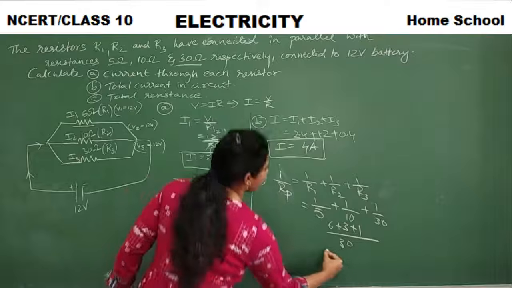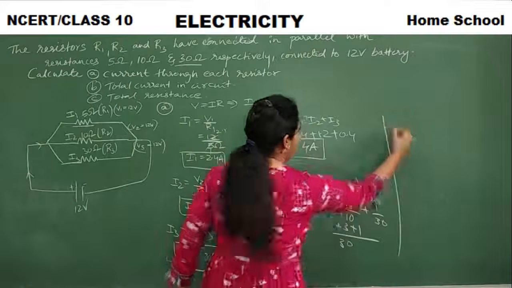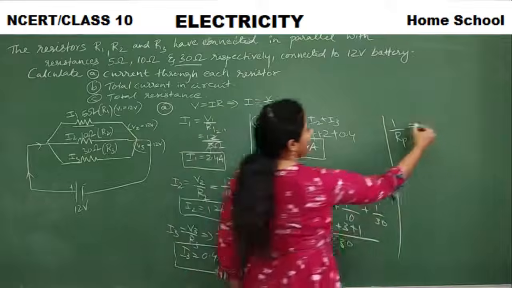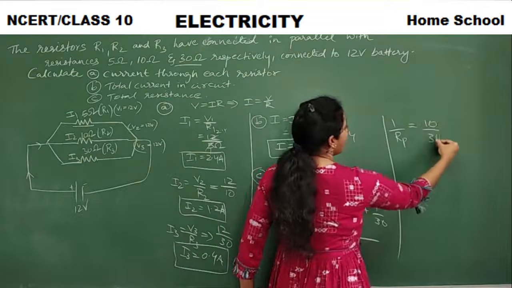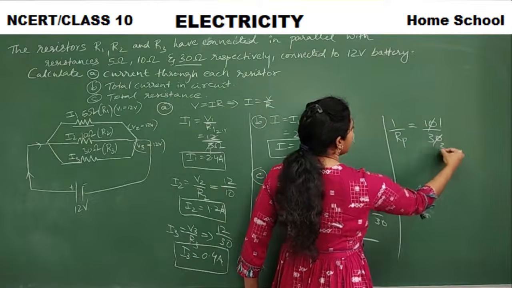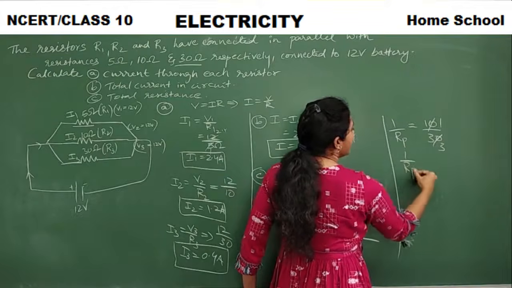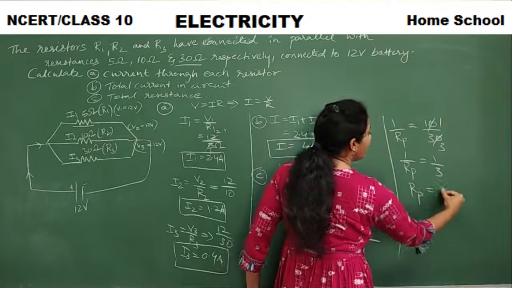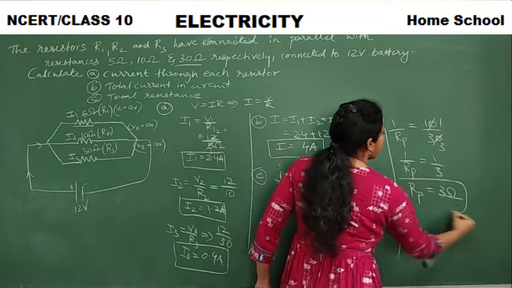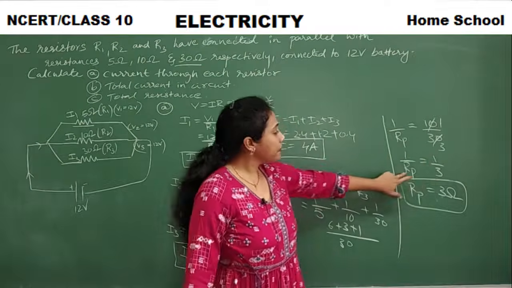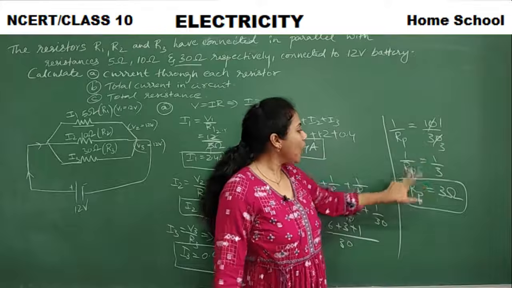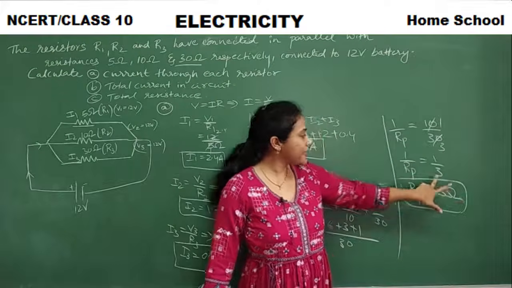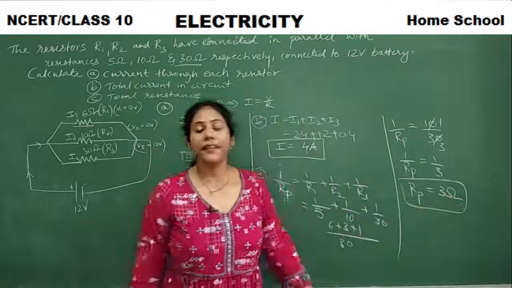So how much do you get? 1 by Rp is equal to 10 upon 30. 10 upon 30, so 1s are 3s are. 1 by Rp is equal to 1 by 3. So Rp is equal to how much? 3 ohms, isn't it? Reciprocal you do. Rp is equal to 3 ohms you will get.